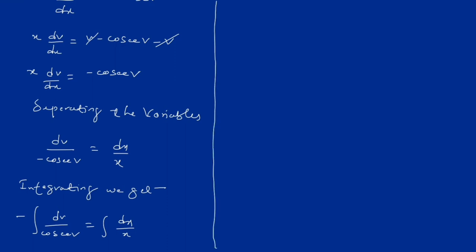So what we get here: minus 1 by cosec can be written as sin v dv equals dx upon x, right? So the integration of sin v is minus cos v, so minus minus plus becomes cos v, which equals log x plus c.